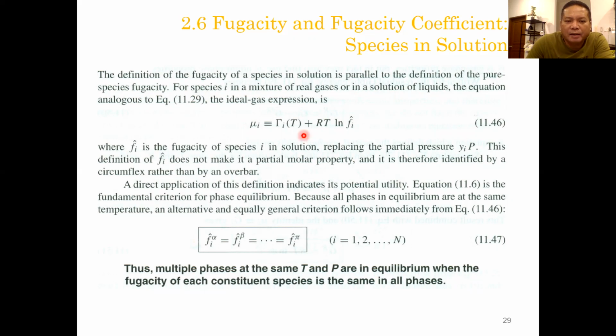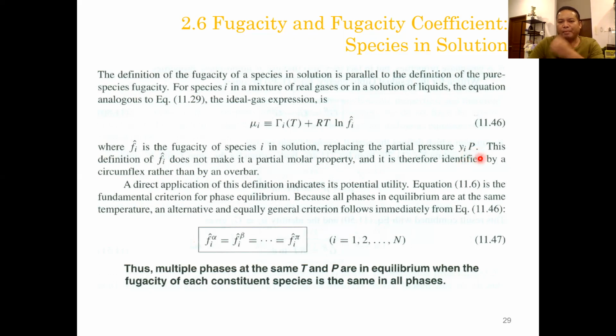This is very similar to what you saw earlier, 11.29, but we have a circumflex here. This circumflex denotes the fugacity of the species in solution, replacing the partial pressure y i P.